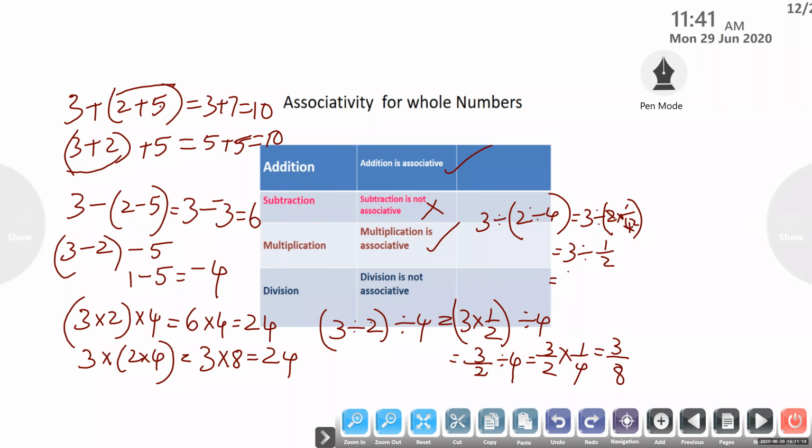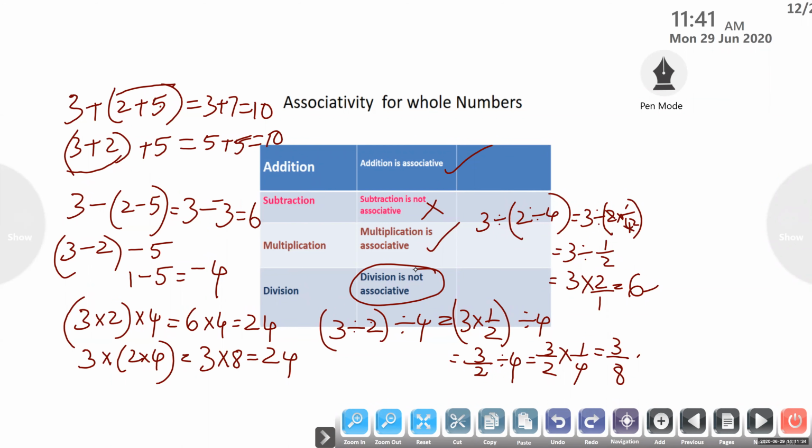So it is 3 into the reciprocal of 1 by 2, which is 2 by 1, or 2. So it is 6. Are they equal? No, ma'am. So division is not associative.